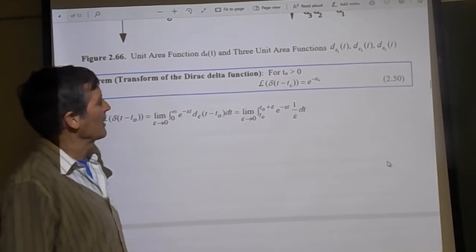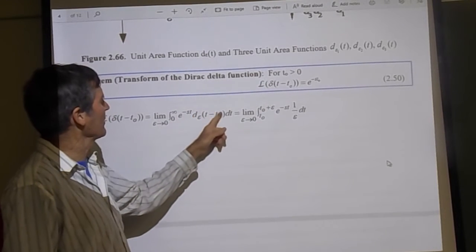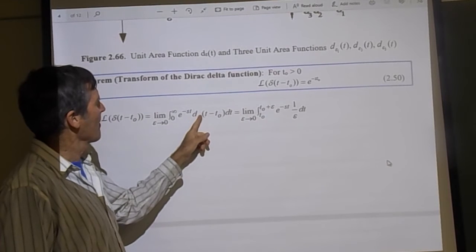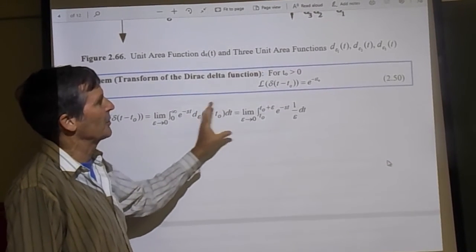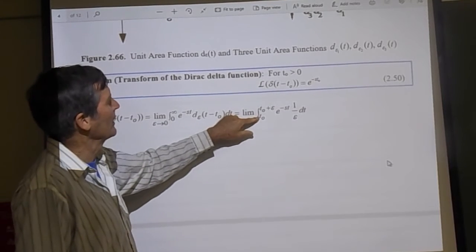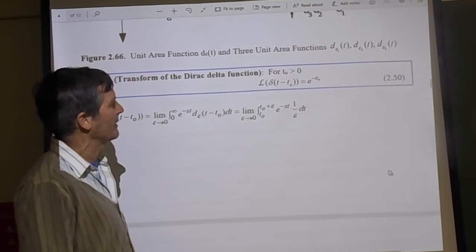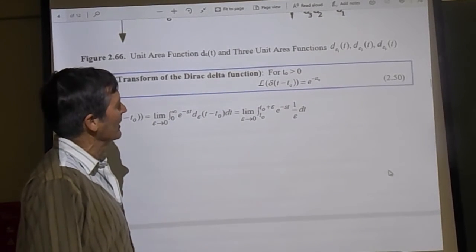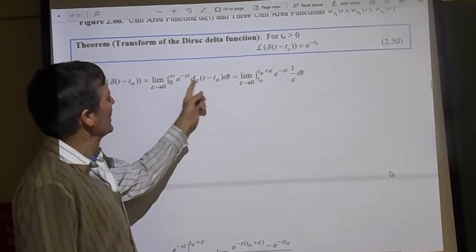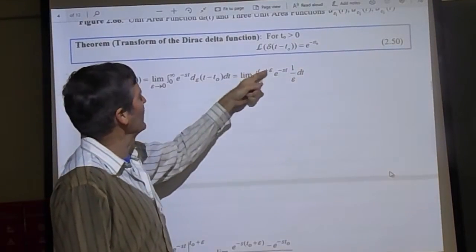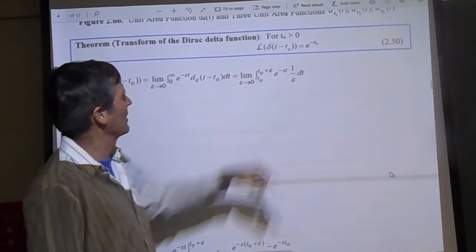It's the limit as epsilon goes to 0 of, well, this function is equal to 0 unless t is between t0 and t0 plus epsilon, right? This is the shifted over function. And so I just integrate from t0 to t0 plus epsilon, because otherwise the integrand is 0. I'm not getting any area under the curve, if you like. And then d epsilon is equal to 1 over epsilon when it's between these values. So I have e to the minus st times 1 over epsilon when you're between those two values, and otherwise I'm just getting 0.